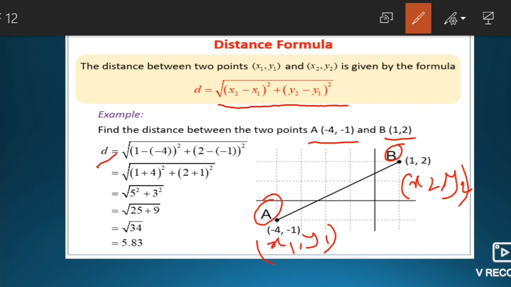So if you apply the formula, (x2 minus x1) whole square is (1 minus of minus 4) whole square, and (y2 minus y1) whole square means (2 minus of minus 1) whole square. So the distance will be root under of (1 minus of minus 4) whole square plus (2 minus of minus 1) whole square. Now do the calculation. The distance will be root under 34 unit.